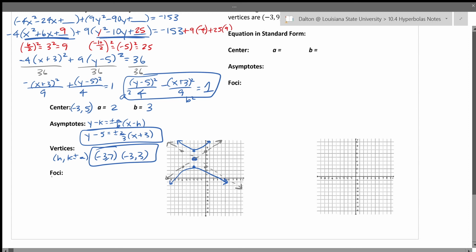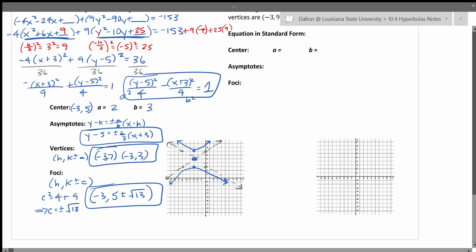So the foci, similar to the vertices, start off with h, but then it's k plus or minus c. We need c squared first of all. So c squared is a squared plus b squared, which will be 4 plus 9, which will be 13. So that means c is plus or minus the square root of 13. So our foci are going to be at negative 3, comma 5 plus or minus the square root of 13.